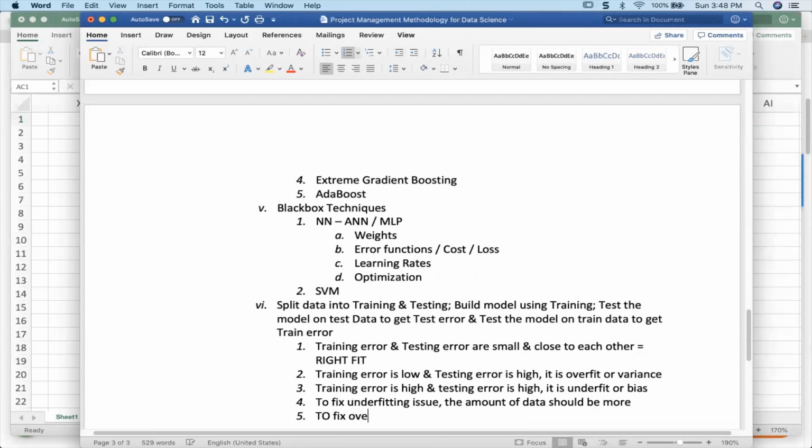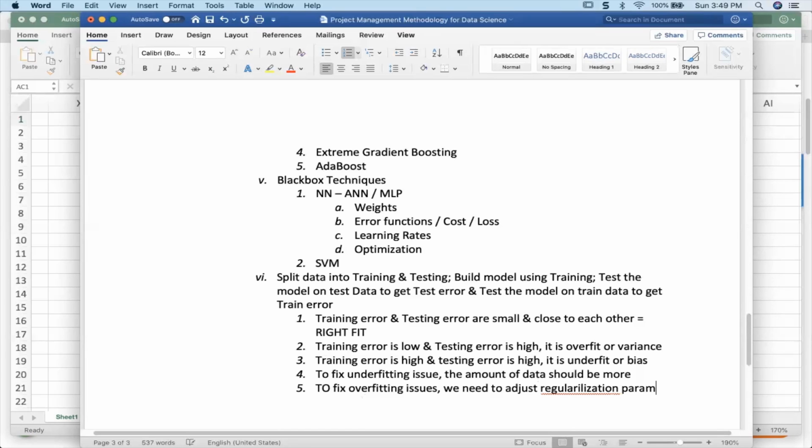To fix the overfitting issue, we need to adjust regularization parameters. So I instructed our entire team, the group of trainers, to ensure that when you discuss each and every algorithm, you explain the regularization parameters of each and every algorithm.